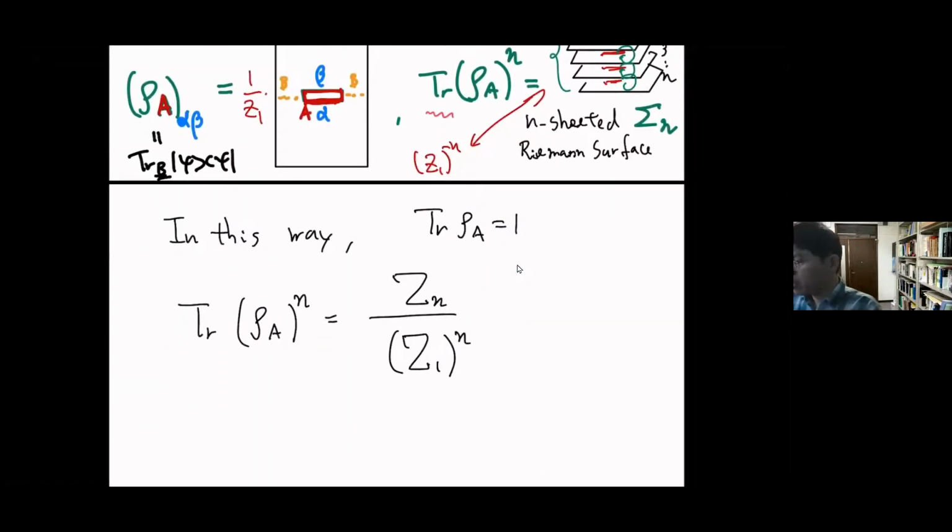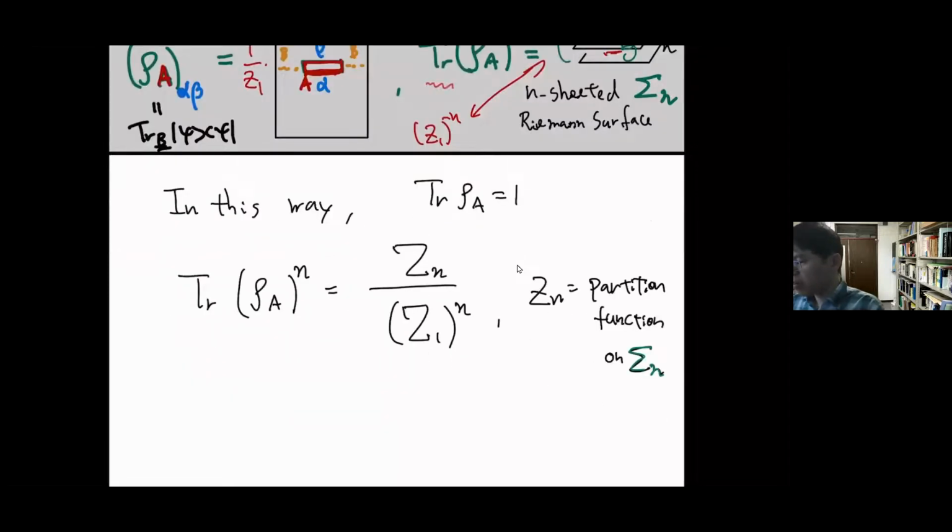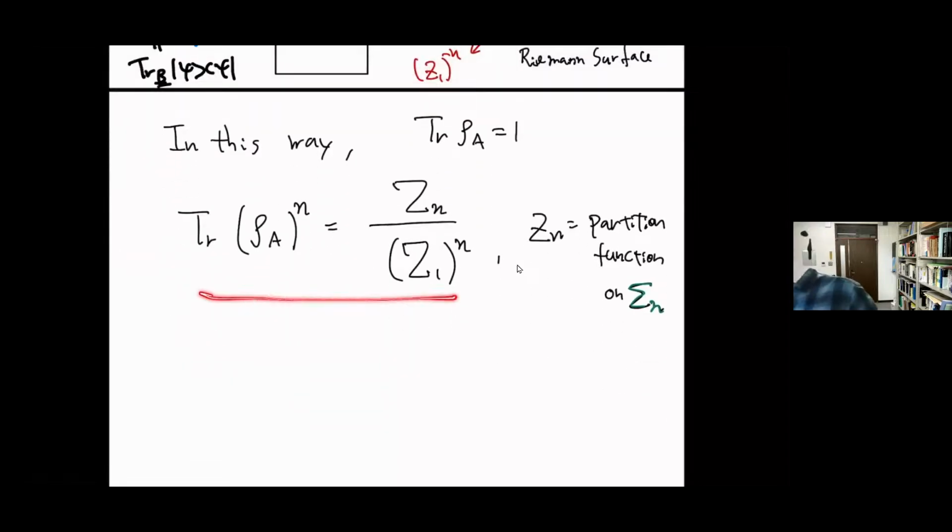So this is exactly this one, and the partition function on sigma n is precisely this. This is a precise way to calculate this trace of rho to the nth.